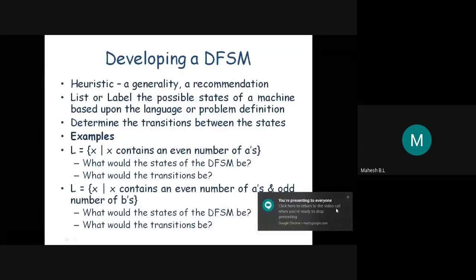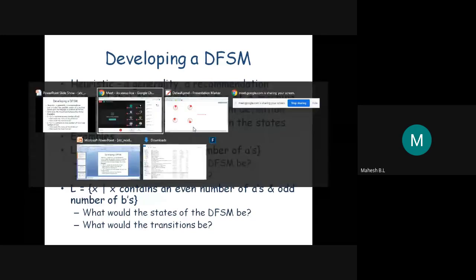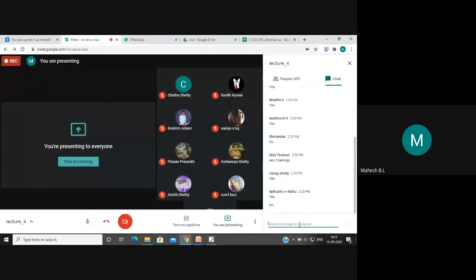The language is with even number of A's and odd number of B's. Any string of A's and B's belongs to the language when there are even number of A's and odd number of B's. Now, why epsilon doesn't belong to the language?